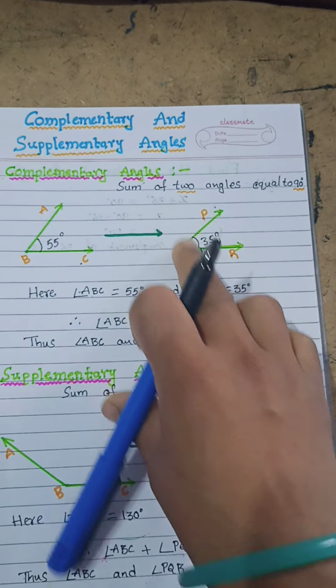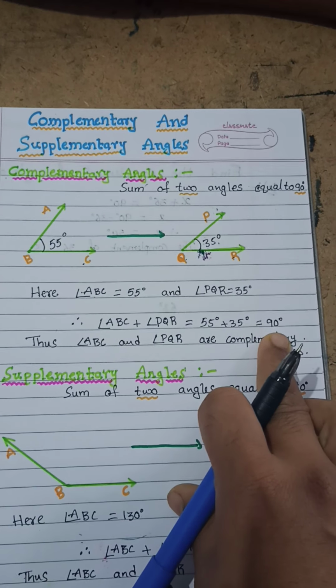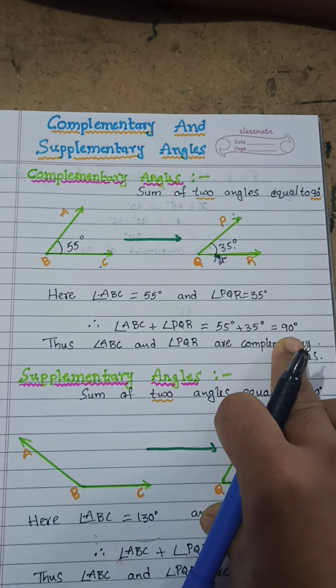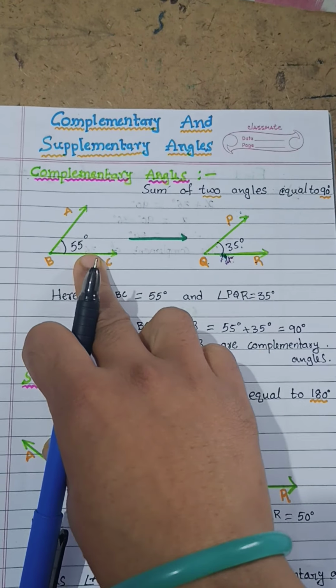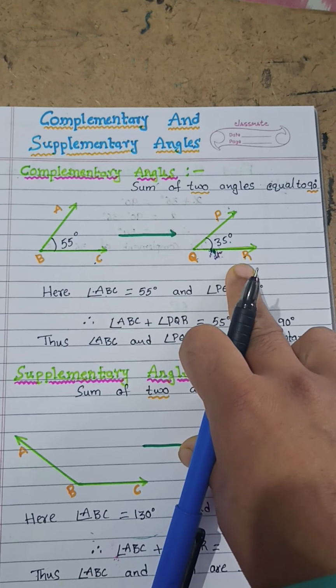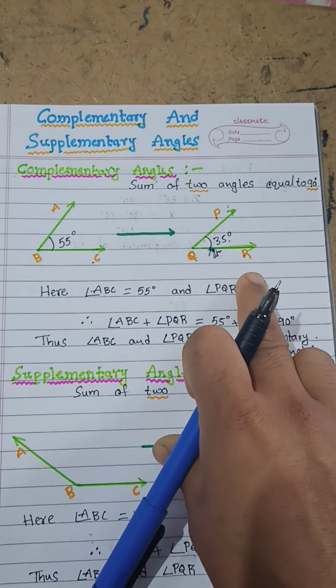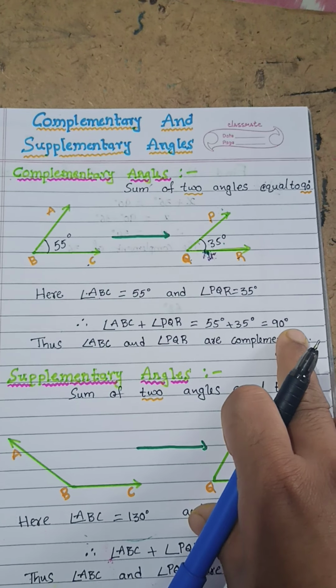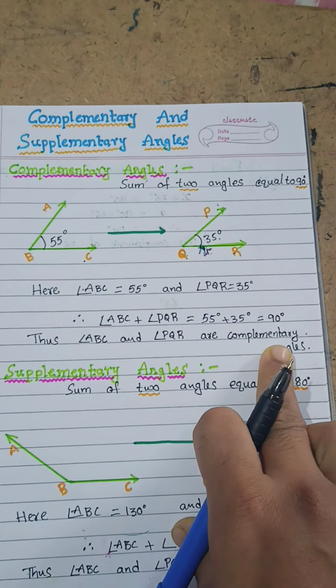So, any two angles whose sum is 90 degrees are called complementary angles. Here we have taken two angles, 55 degrees and 35 degrees. When you add these two angles, if you get 90, such angles are called complementary angles.